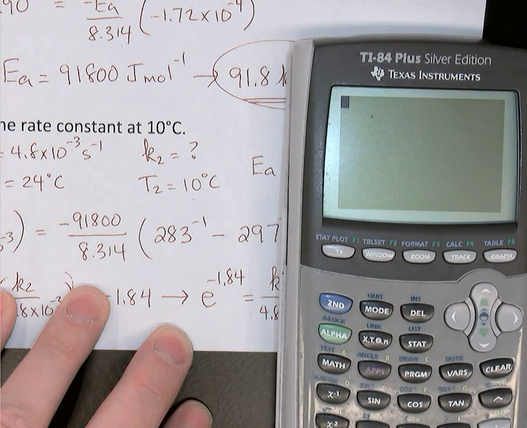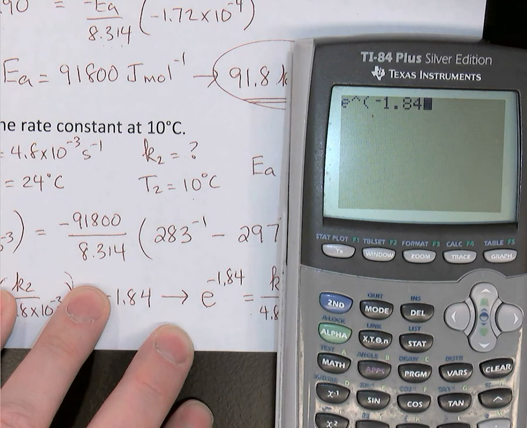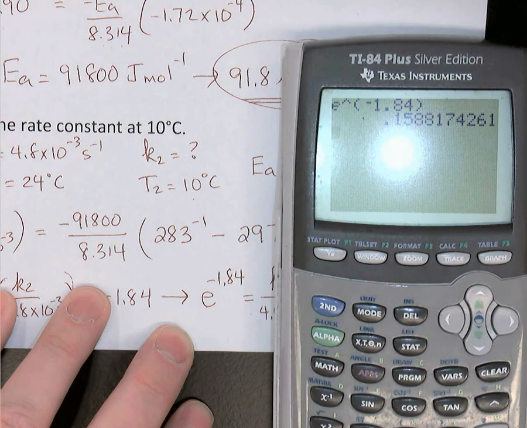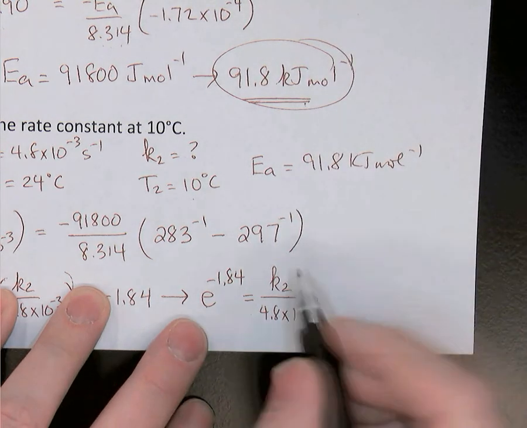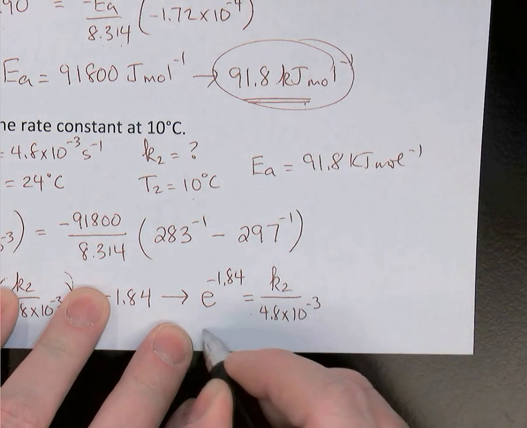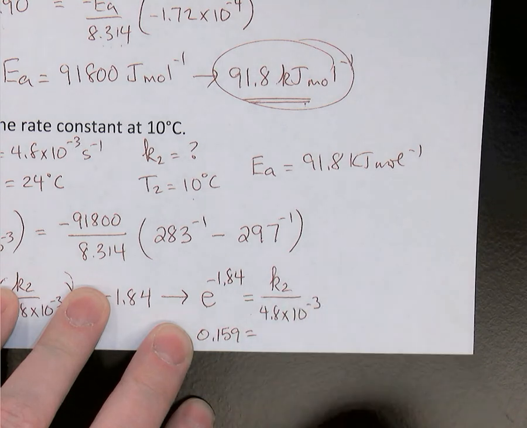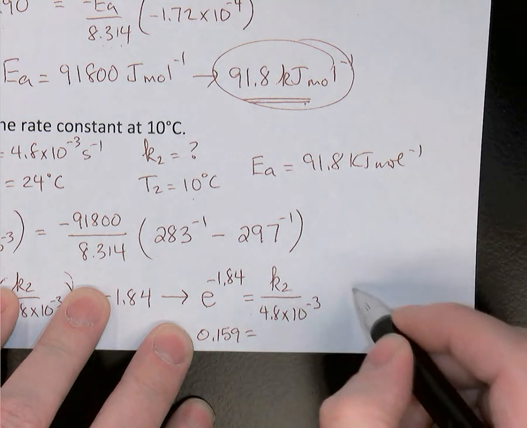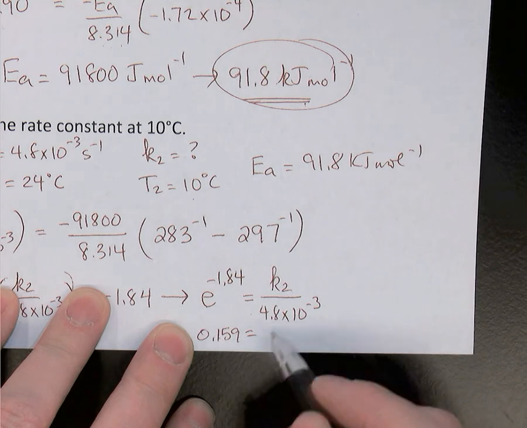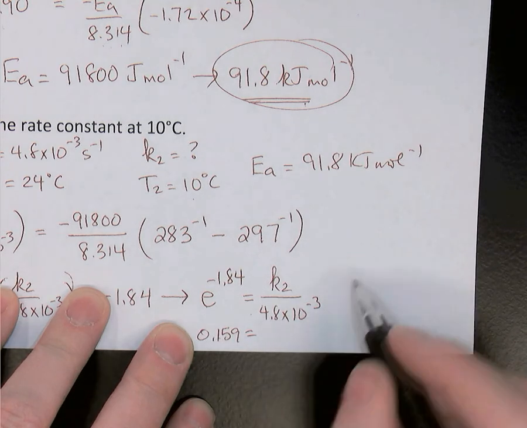So on my calculator, I go second function ln, e to the power of negative 1.84 is equal to 0.159. So that's 0.159 equals this stuff here.